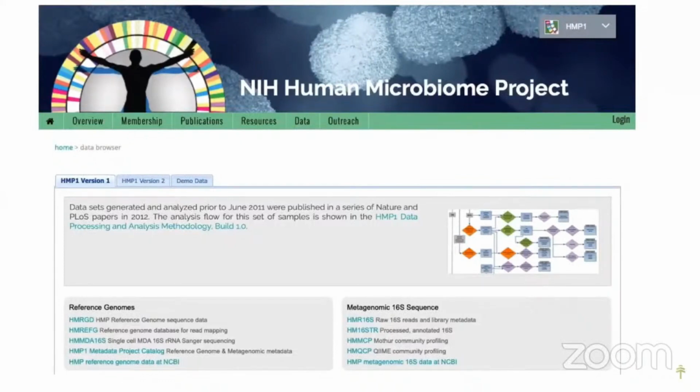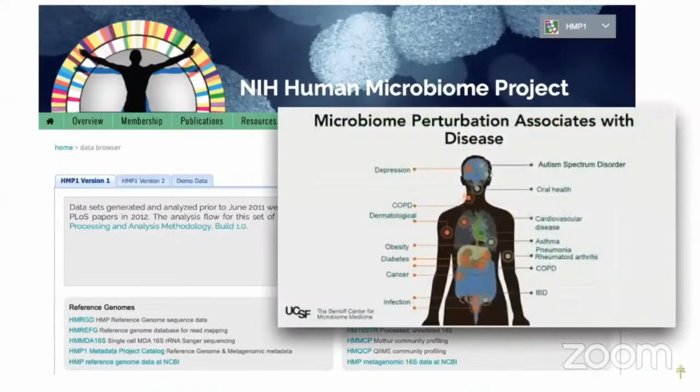One such example is the NIH Human Microbiome Project that allows us to look at different types of microbiome perturbation that is associated with different types of diseases. These include depression, autism spectrum disorder, cardiovascular disease, asthma, arthritis, cancer, and diabetes.